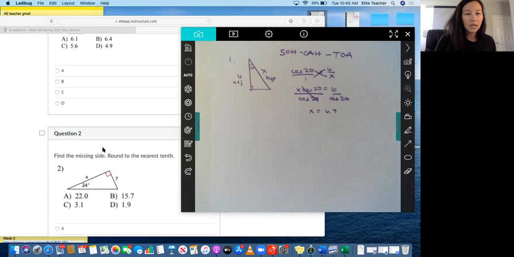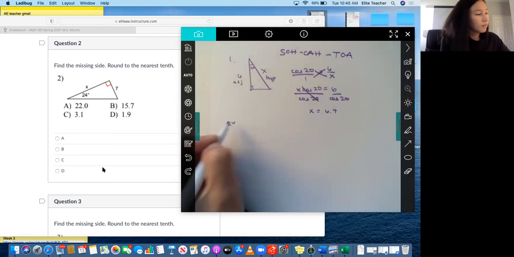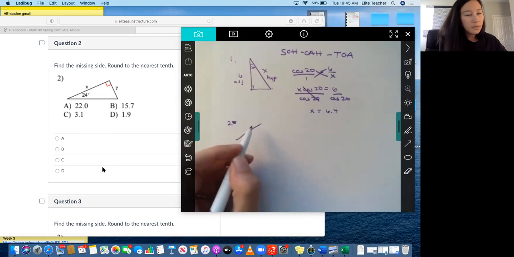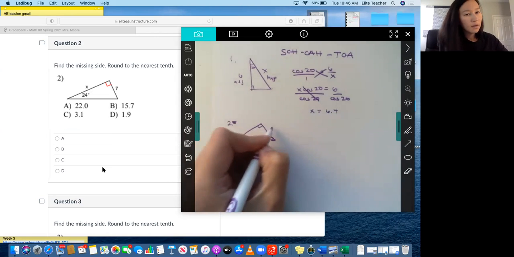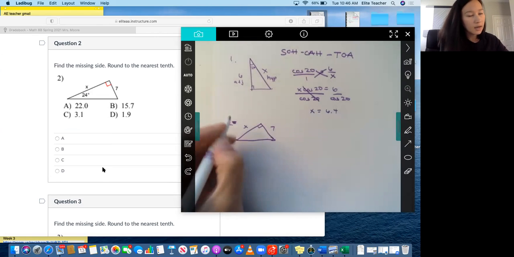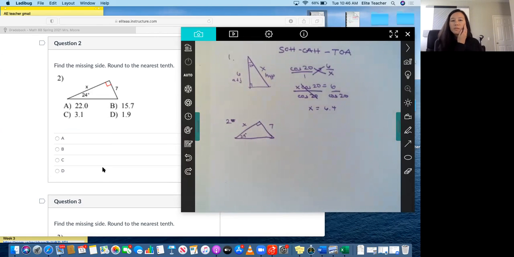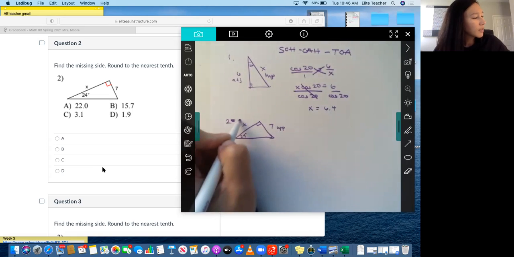All right, you guys good with number 1? Okay. Number 2. We have 7 and x and our angle is 24. Okay, so we have our opposite side and we have our adjacent side.